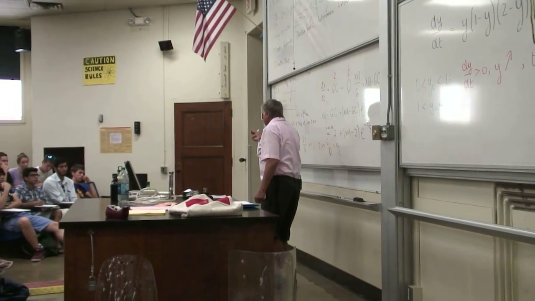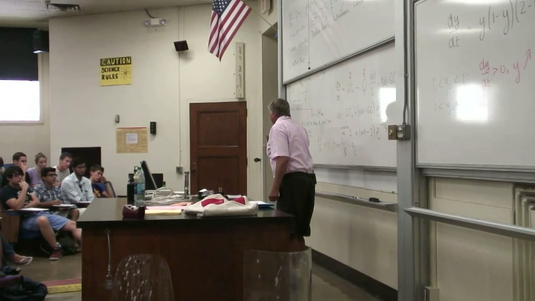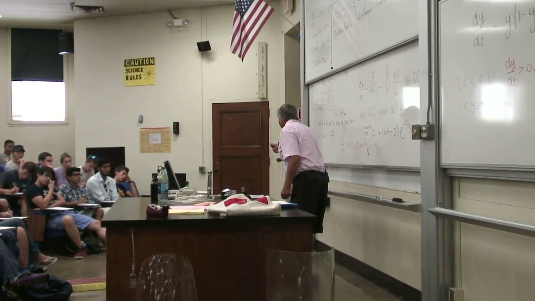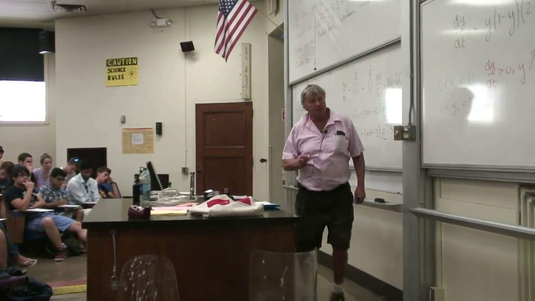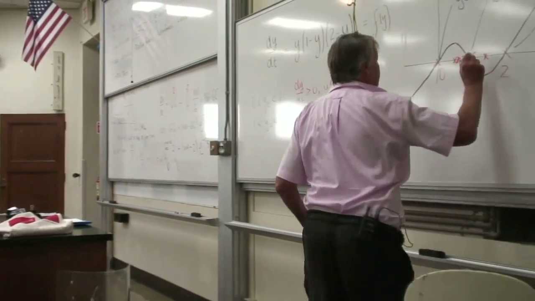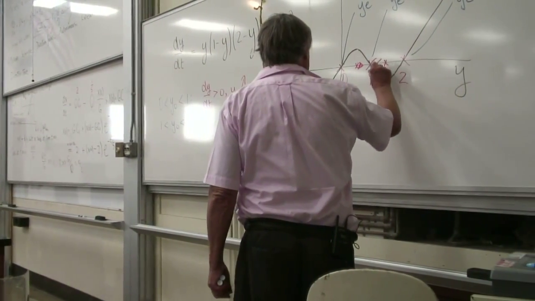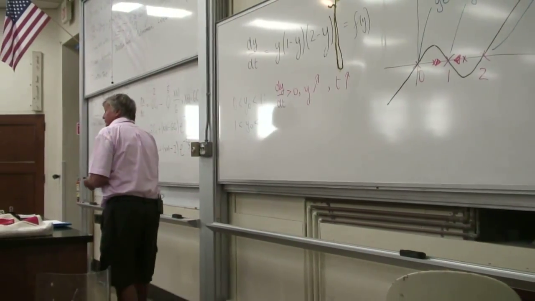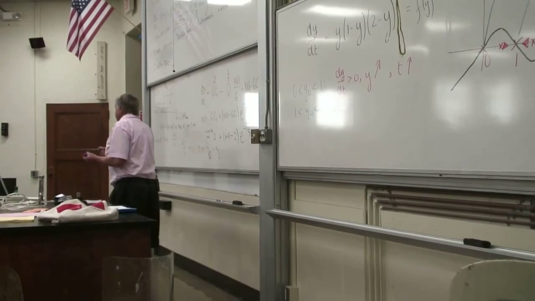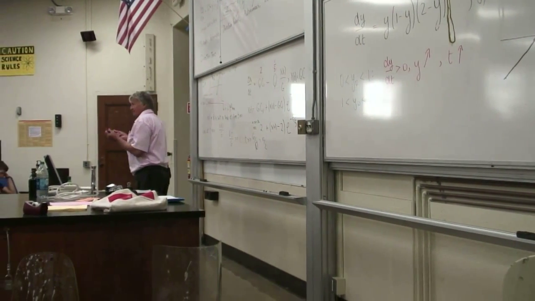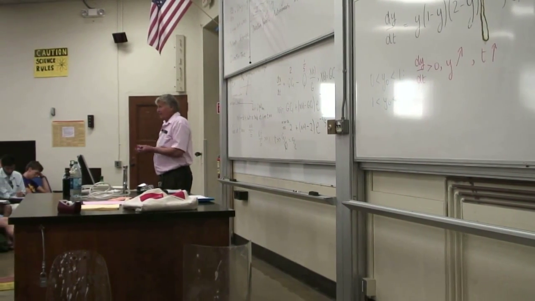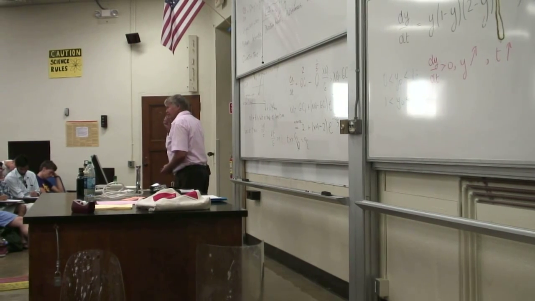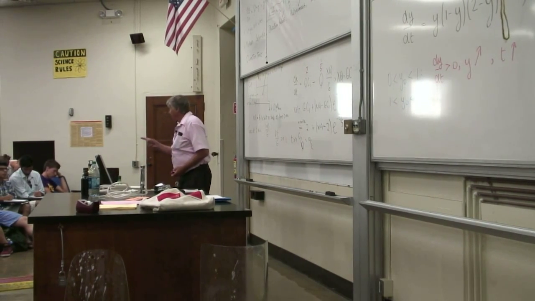So dy by dt is negative here. As t increases, what's y going to do? Decrease. So which direction am I going to move? To the left. And I'll end up where? At 1.